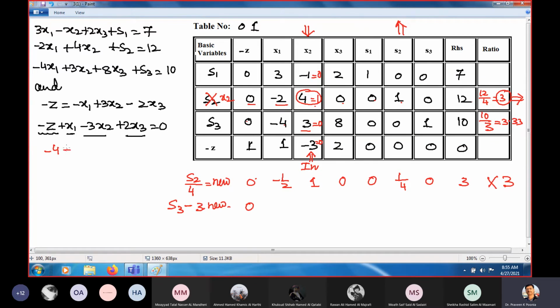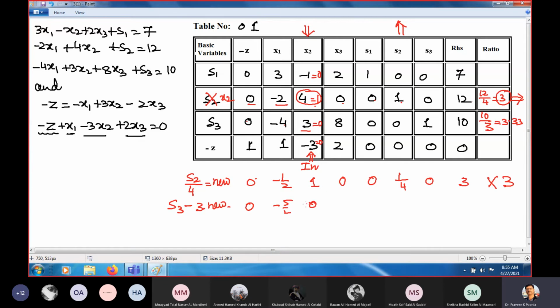Minus minus plus. 3 into 1 by 2 is 3 by 2. 2 times 4 is 8, minus 8 plus 3 by 2. How much? Minus 5 by 2. This is how we are calculating. Minus 5 by 2.